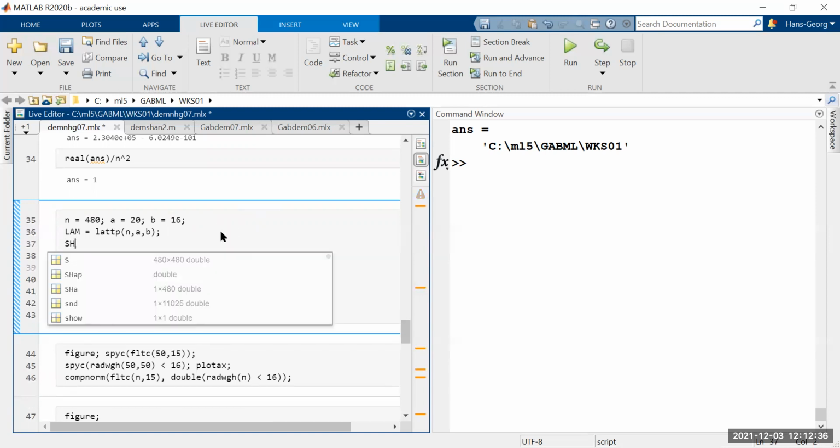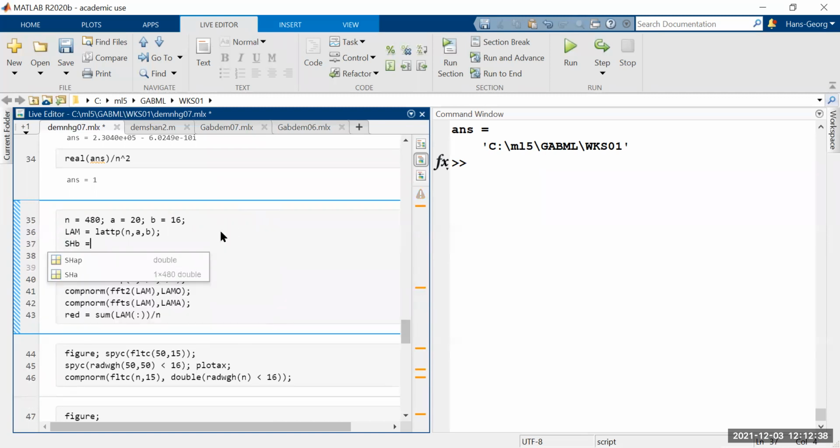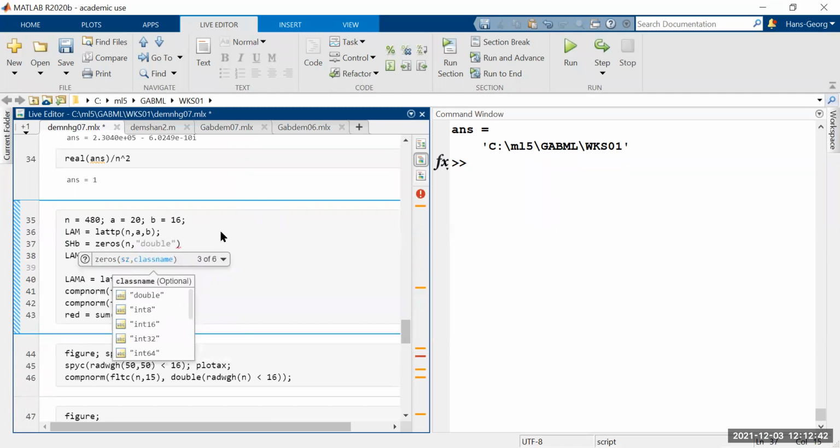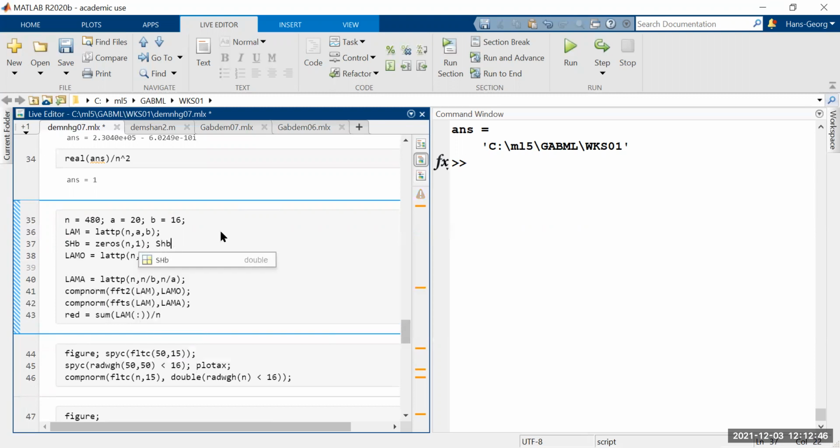Maybe I'm doing in the vertical direction from the beginning a Dirac comb with distance B, so at rows number 1, 17, because B is 16, and I put a 1 here.